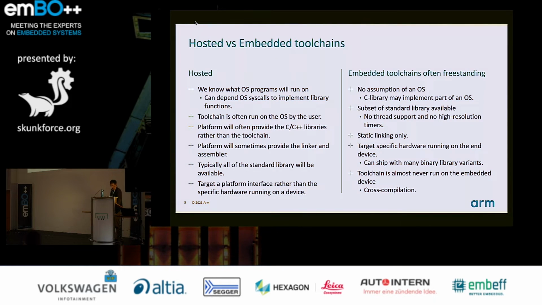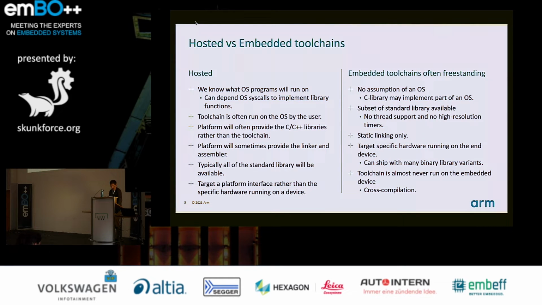So, the typical embedded toolchain that you might be more used to. That embedded toolchain can't make any assumption of what operating system you're using, for example a real-time operating system. It was brought up this morning in the RTOS talk that there's a bit of an overlap between what the operating system will provide and what the toolchain will provide.